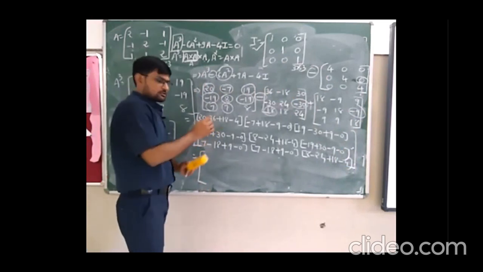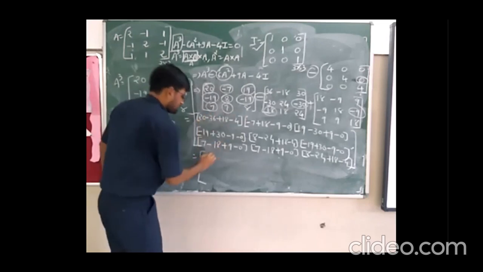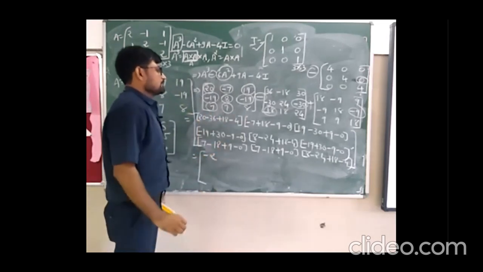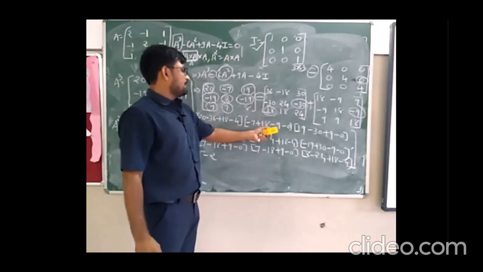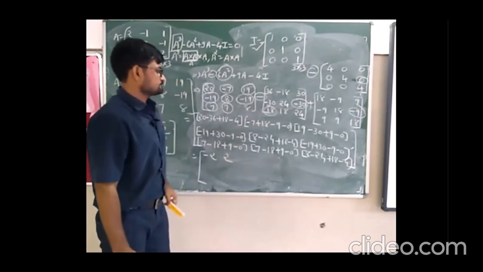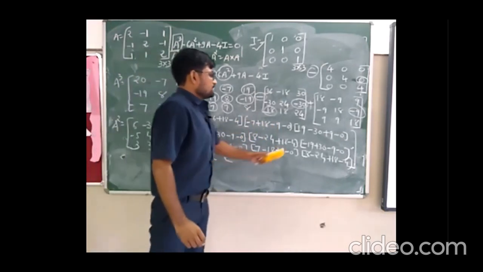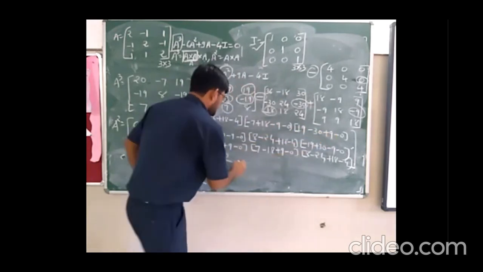So we'll add first, 20 plus 18, 38, 38 minus 36, 2, and 2 minus 4, minus 2. Then 18 minus 9, 9, and 9 minus 7, 2. Then 19 plus 9, 28, 28 minus 30, minus 2.